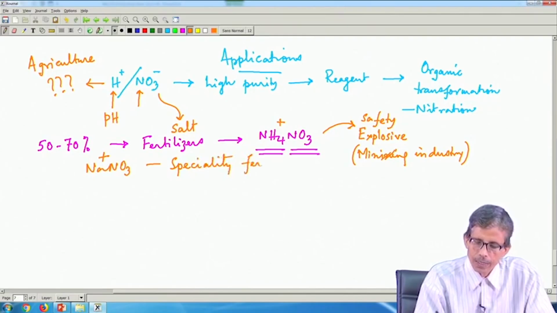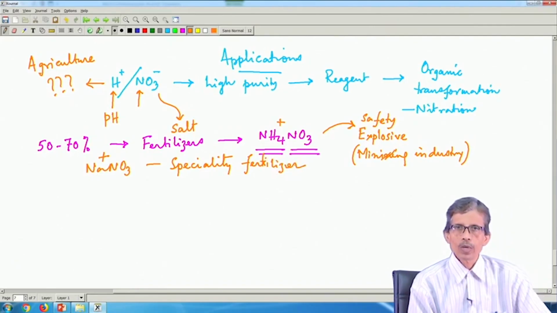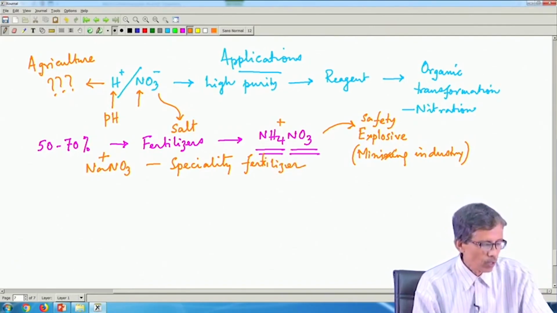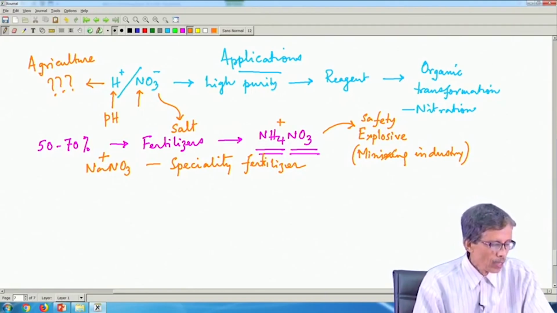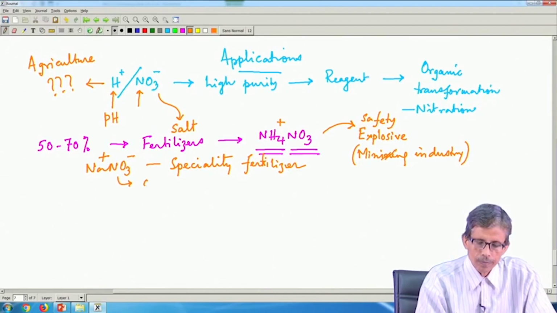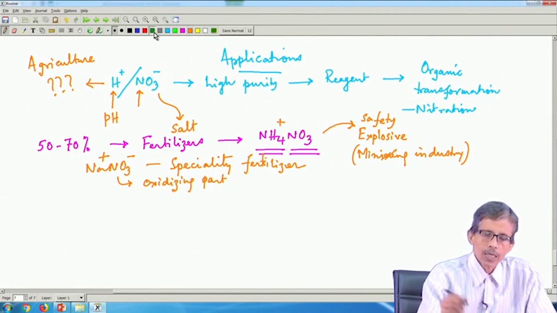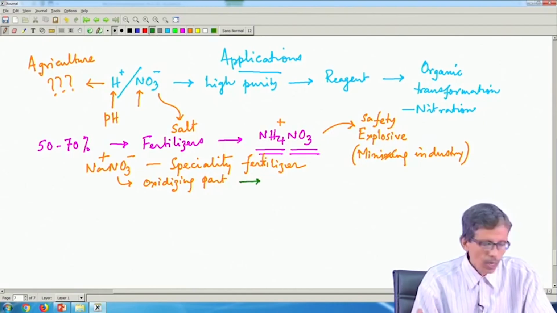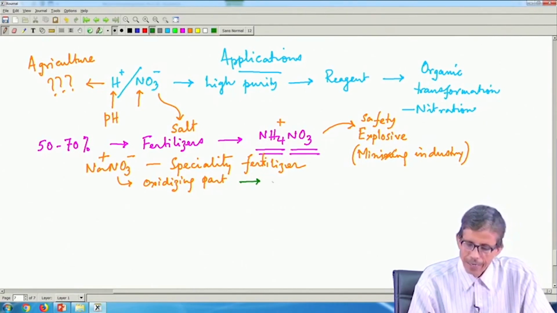Is a specialty where we also supply sodium ion along with your nitrogen requirement for the soil. So, this is there, and also this nitrate part, which is an oxidizing one. This oxidizing part can be utilized as an oxidizing agent.